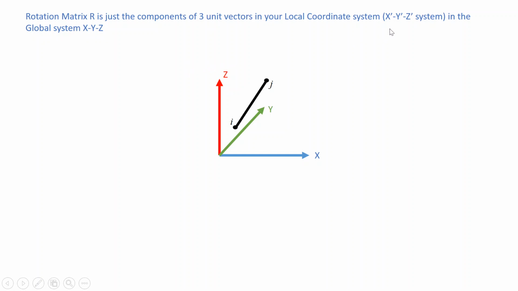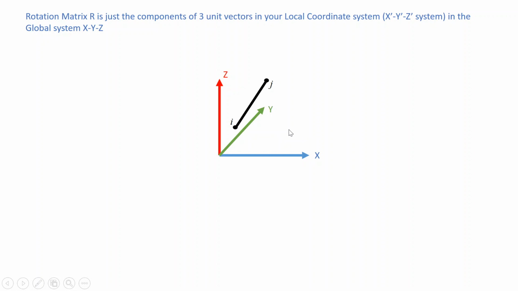And we also said that in most finite element code, z is the gravity direction, so z is vertical. And then x, y have to follow the right-hand rule. If you do x cross y, you get z. Just get your right hand out, and you know y cross z is x and z cross x is y.